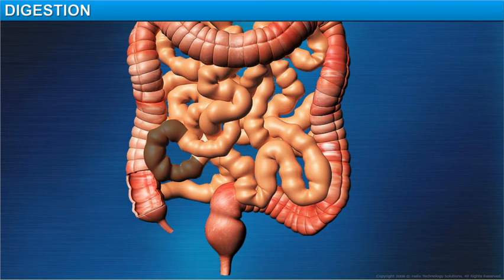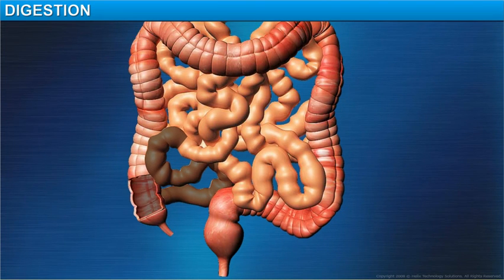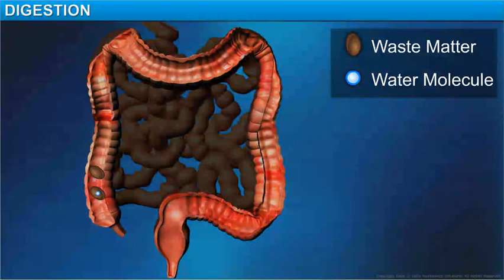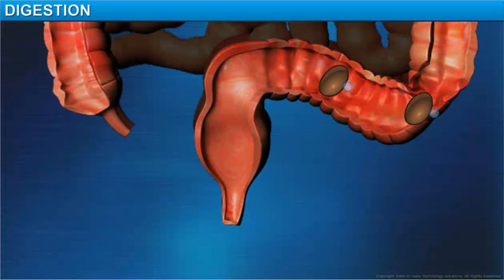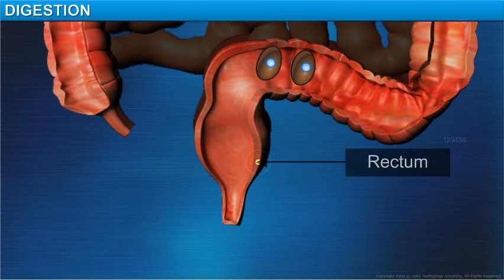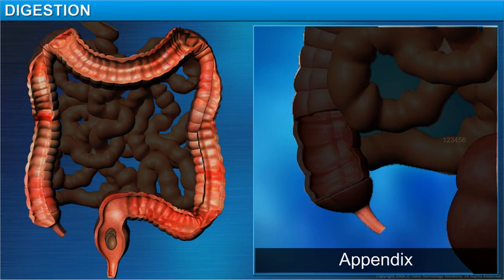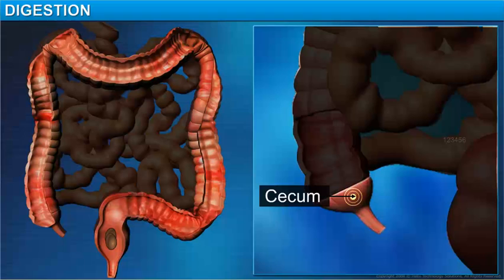The undigested food and water then move into the large intestine. The inner lining of the colon has villi that absorb any water from solid waste. This solid material is collected in the lower part of the large intestine called the rectum. The appendix is a small, hollow, finger-like pouch which hangs at the end of the cecum.